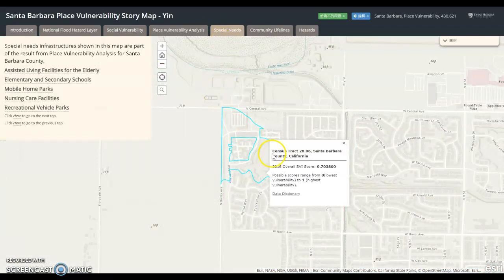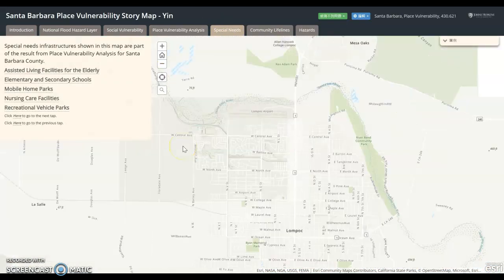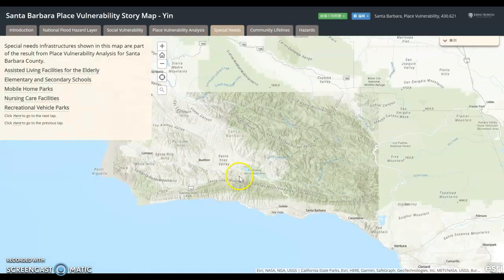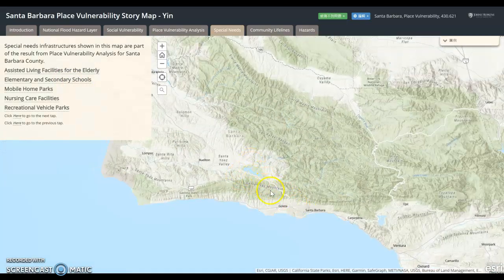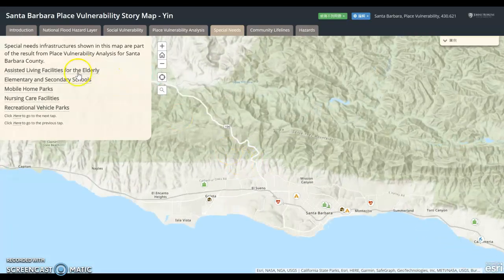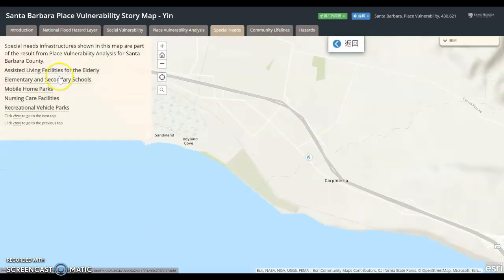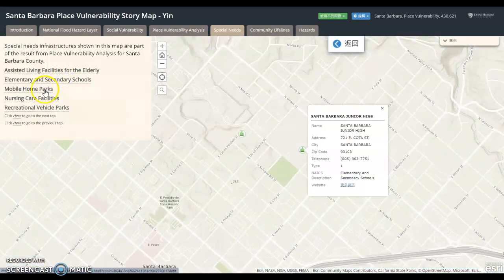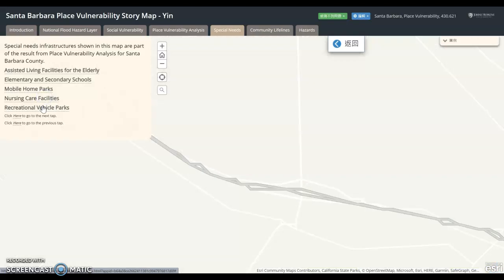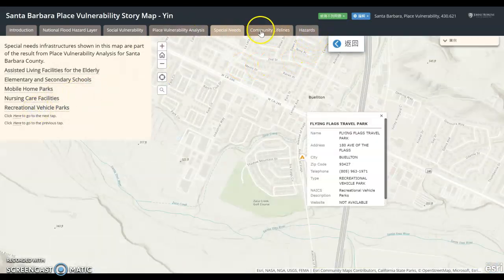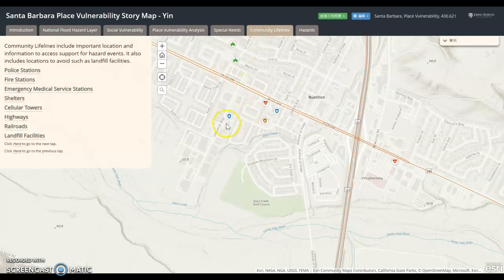And special needs is an area showing what facilities within the study area are subject to flood and also very important during disasters. So you see facilities for elderly, schools, home parks, nursing facilities, and recreational vehicle parks.